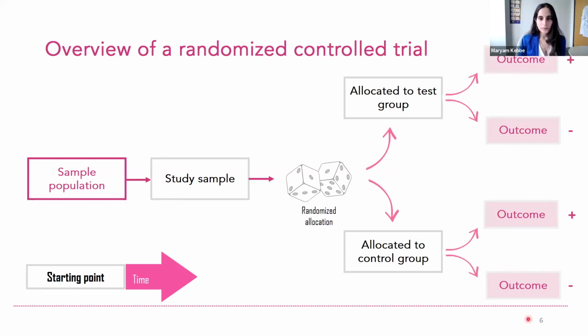In other words, participants who are allocated to the intervention group could develop or not an outcome, and the same goes for the control. And we can then see whether the change in our outcome was different in the group that received the intervention than the control that did not receive the intervention.